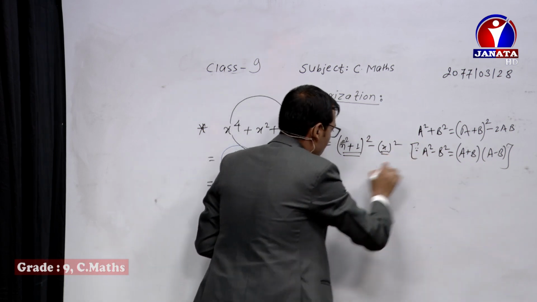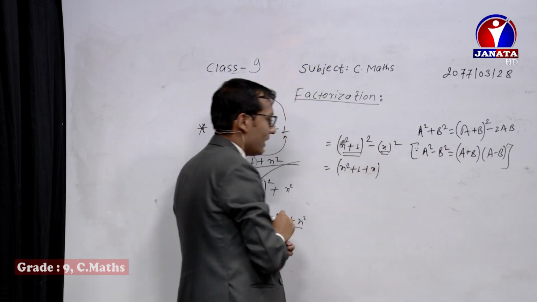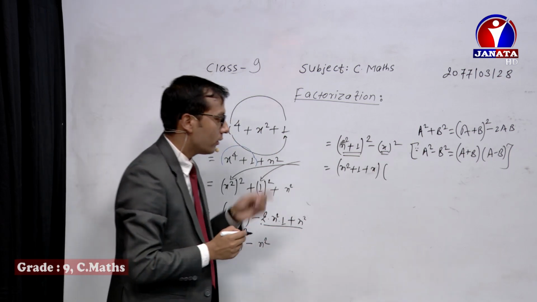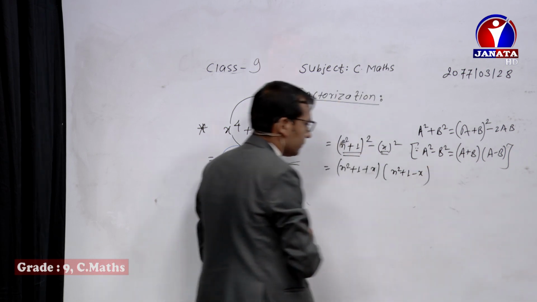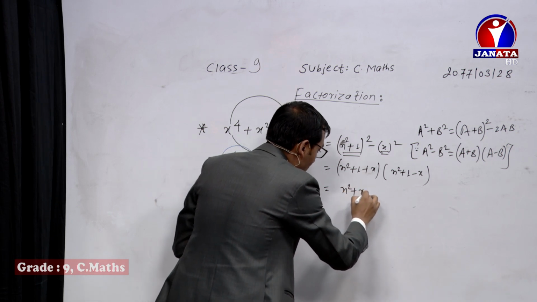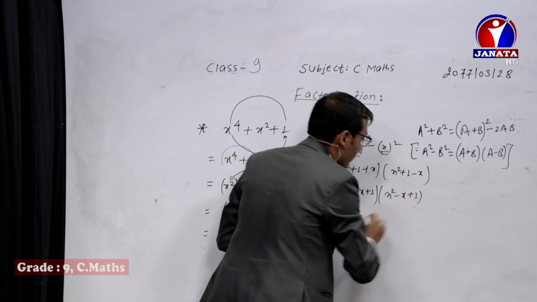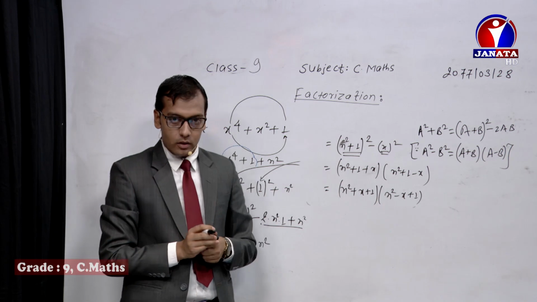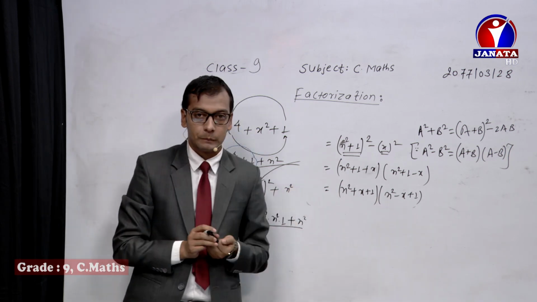So the first factor a plus b is x square plus 1 plus x, and the next factor a minus b is x square plus 1 minus x. Let's rearrange the terms: (x square plus x plus 1)(x square minus x plus 1). So these two are the factors of x to the power 4 plus x square plus 1.